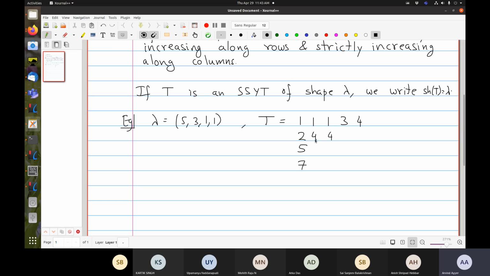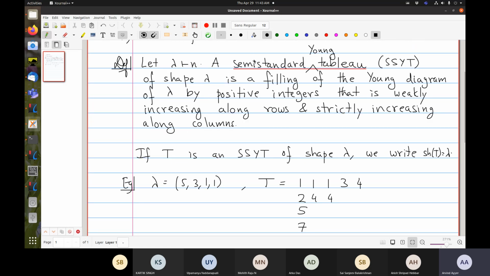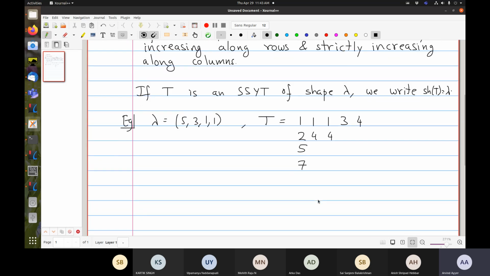Okay, so it's strictly increasing along each column and it's only weakly increasing along each row. So to compare with the standard tableau, this is maybe why this notation semi, is that standard tableau was a filling of lambda with 1 through n, the size of the partition, which is strictly increasing in both directions. Okay.